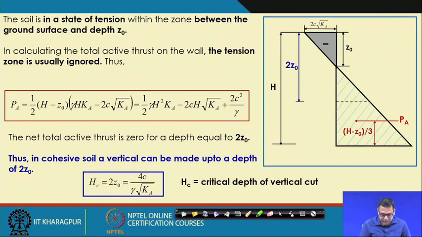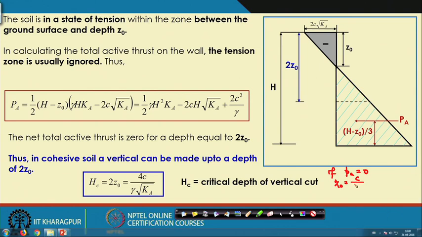Then another important thing that I have already mentioned: if your P_A is equal to 0, then your z_0 is equal to 2C over gamma root K_A. So it means that at the z_0 point the active lateral earth pressure is equal to 0.